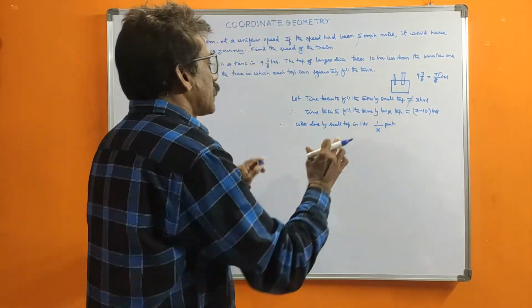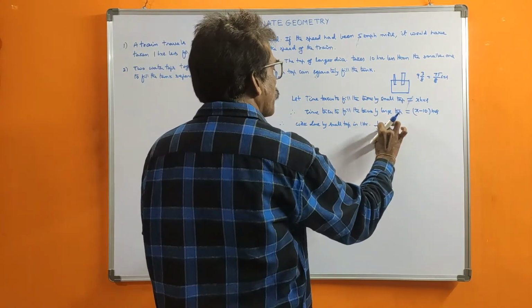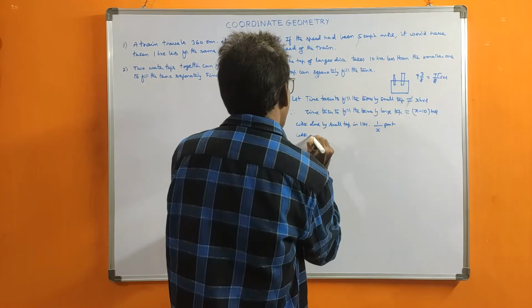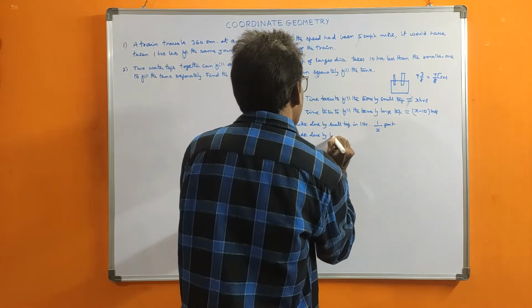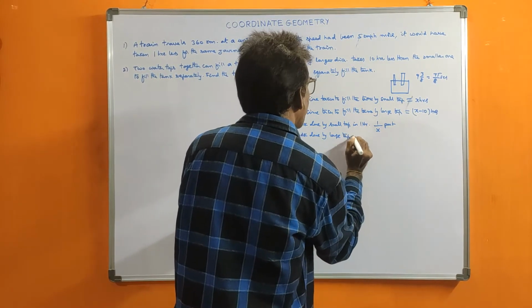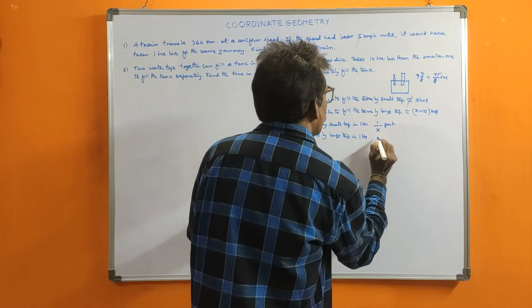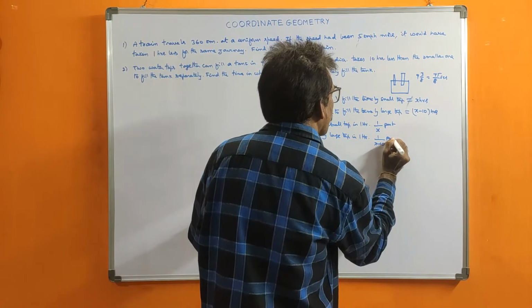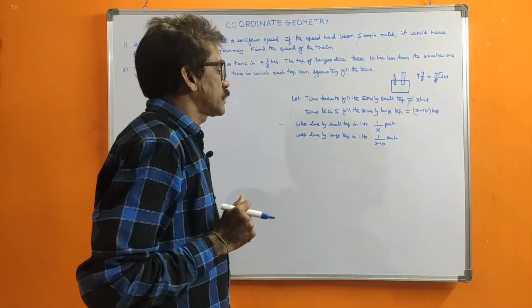So the work done by the large tap in 1 hour, since it takes x minus 10 hours, is 1 by x minus 10 part.